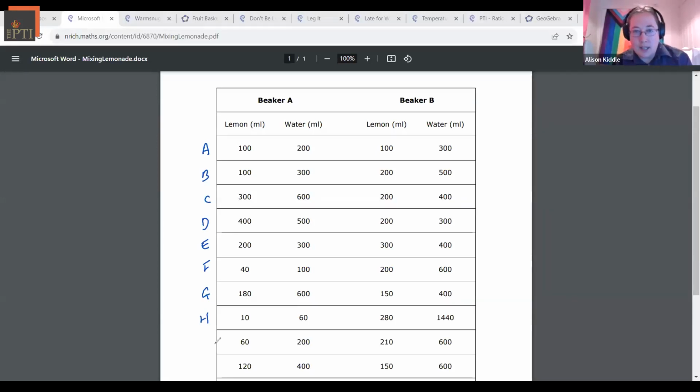Can anybody see a pair of questions here where they would solve one of them in one way, but they would choose a different method for another question? So I'm going to give you a little bit of time to have a look and to have a think about that.